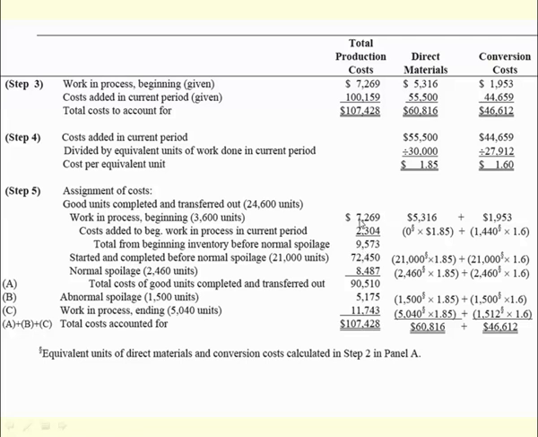So 7,269 plus 2,304 equals the total from beginning inventory before normal spoilage, with the amount of 9,573.